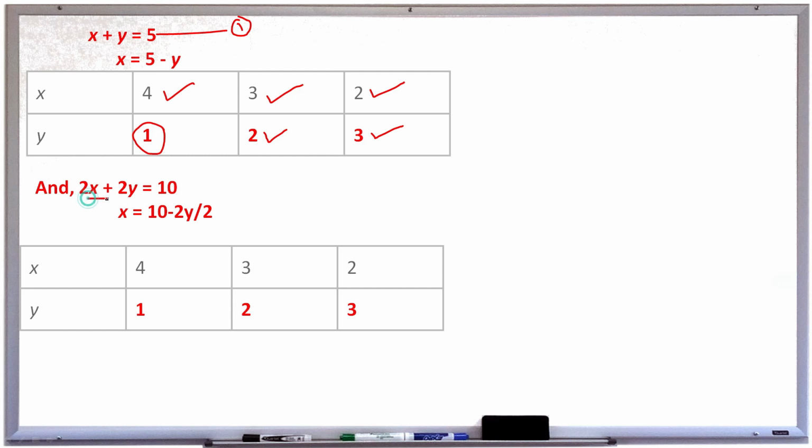And another equation, 2x plus 2y is equal to 10. You can write this equation in terms of x. Put the value of y is equal to 1, you will get x is equal to 4 in this equation. Similarly, put the value 2 instead of y and you will get x is equal to 3. If you put y is equal to 3, you will get x is equal to 2.